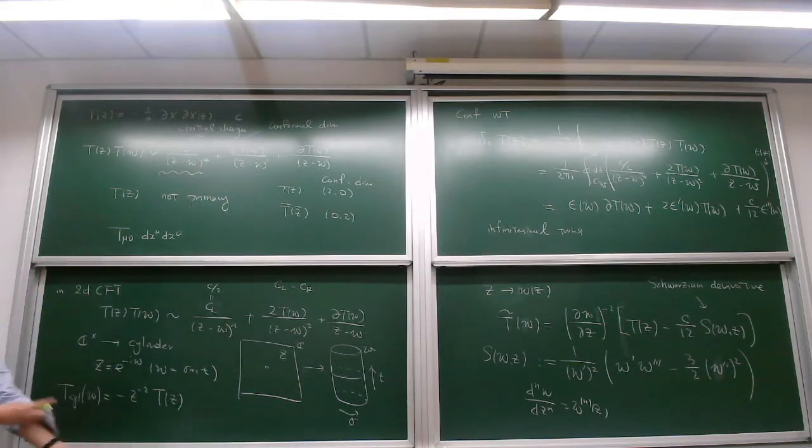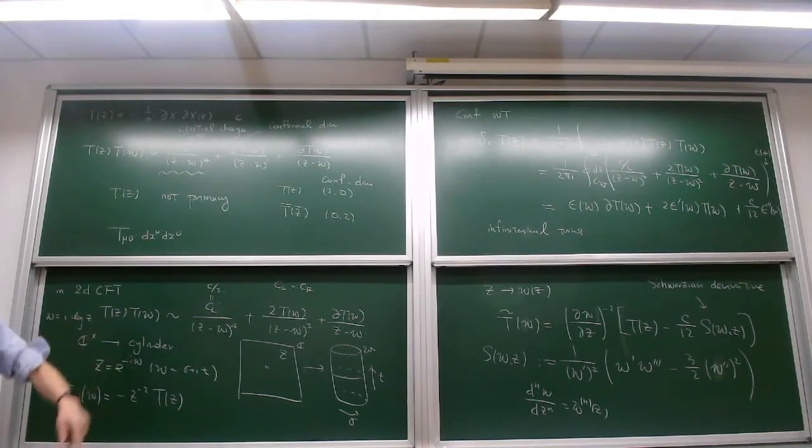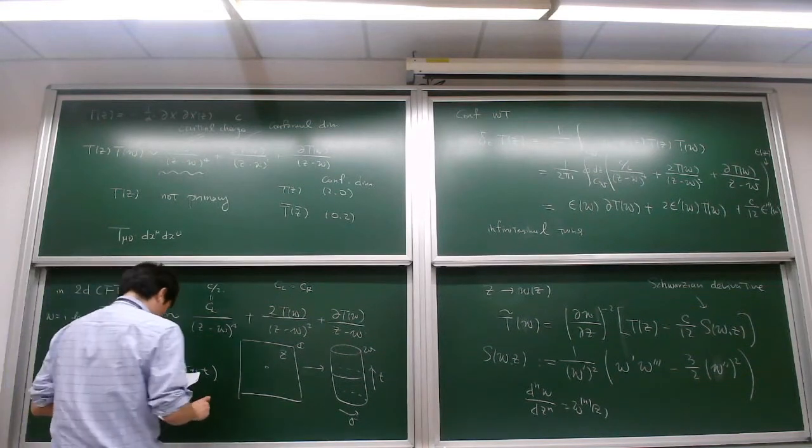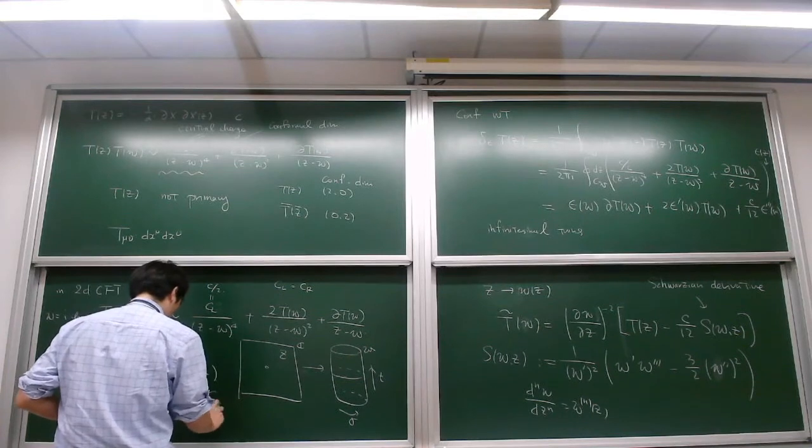Okay. Actually you can easily take the log. So w is equal to what? Log z times i, right? You take the z derivative twice, you get minus z to the minus 2, and then just do the honest calculation. Just plug this one in there and compute the Schwarzian derivative, and what you obtain is c over 24.